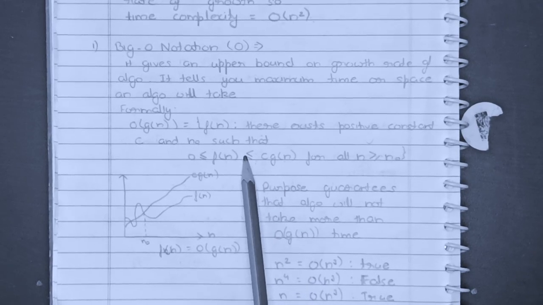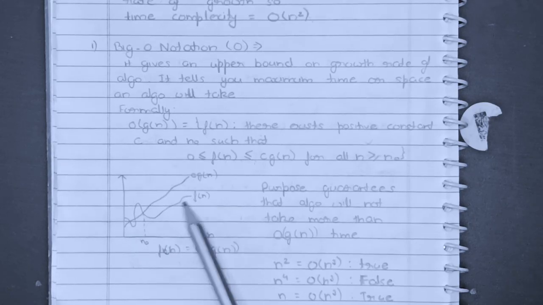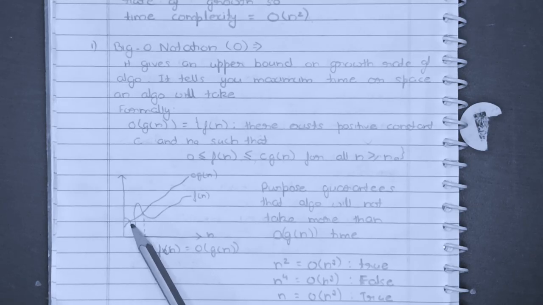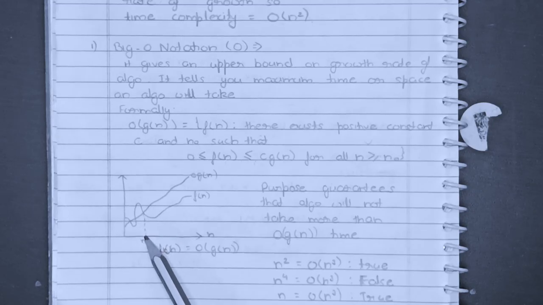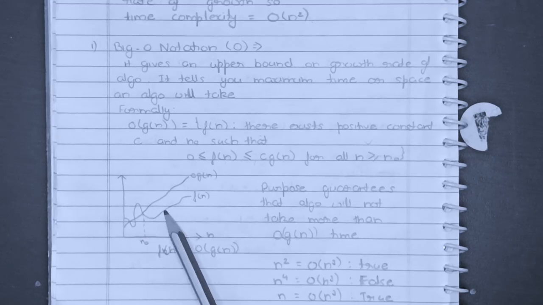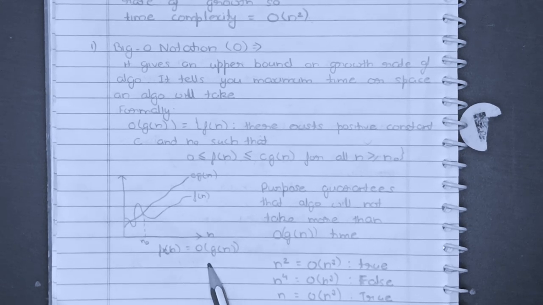Please note f(n) can be equal to c g(n). So as you can see in this graph, the function f(n) before n0 can be below or above g(n), but after a certain value n0 it is always below c g(n). So f(n) can be considered a big O function for g(n).